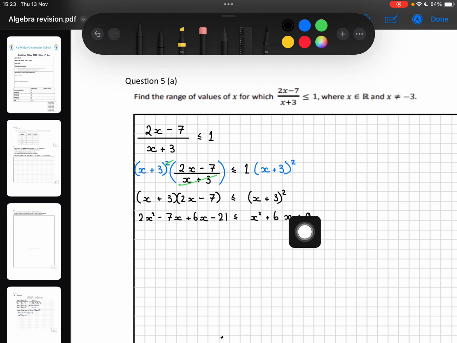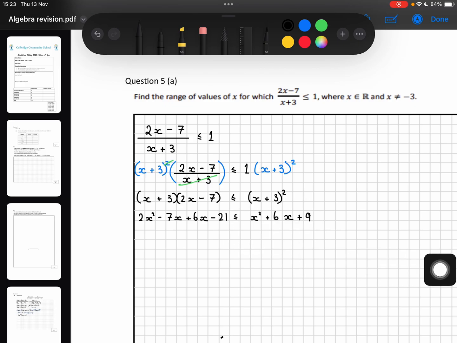Now, what does this look like if I was going to try and solve it? It's starting to look like a quadratic. If we were going to solve a quadratic, we know that there has to be a 0 equal to it, or in this case with the inequality. So on the other side of the inequality, we want this to equal 0.